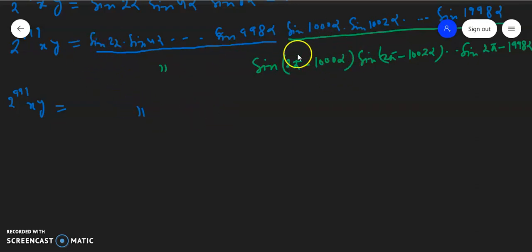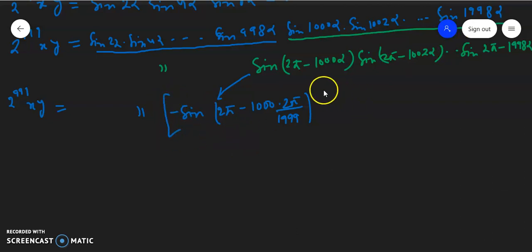Now I can put the value of alpha in here and take 2 pi common, because alpha was 2 pi by 1999. So this part becomes sine of 2 pi minus 1000 times 2 pi by 1999, but this is negative. Actually there are an even number of terms, from 1000 to 1998, so we can cross out those negative signs, and this will become positive.